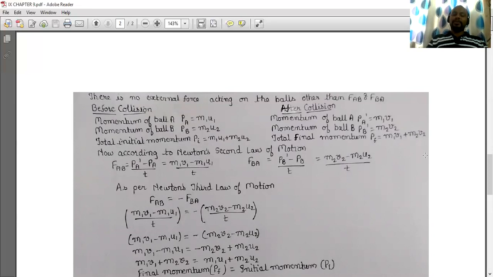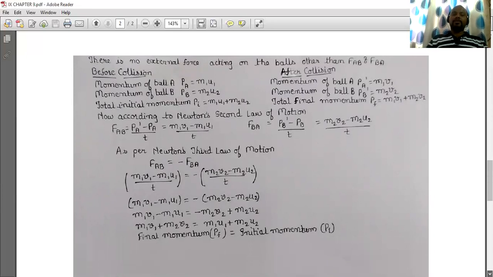Now, according to Newton's second law of motion, FAB, the force exerted on body B by body A, is equal to PA dash minus PA upon t, m1v1 minus m1u1 upon t. FBA, the force exerted on body A by body B, is equal to PB dash minus PB upon t, that is m2v2 minus m2u2 upon t.